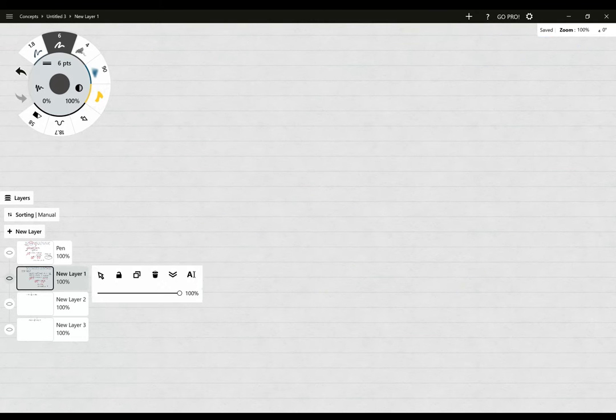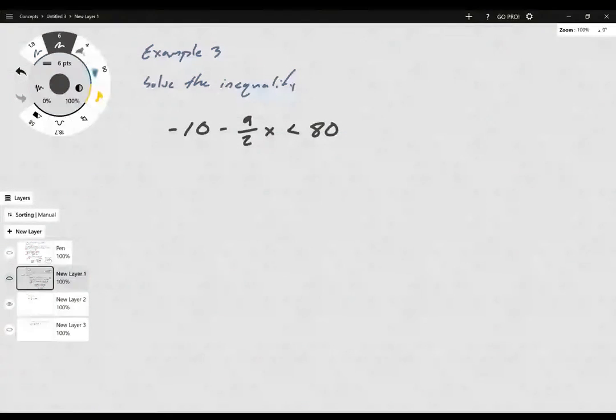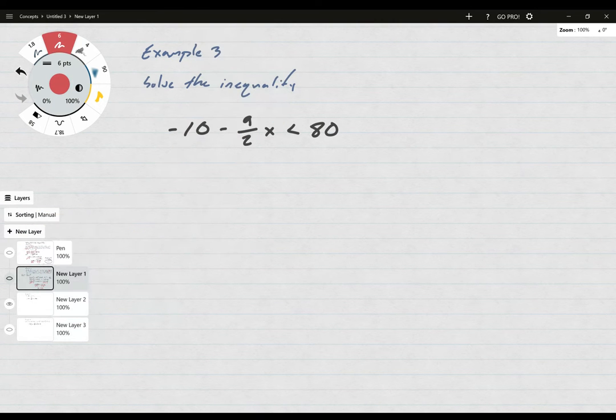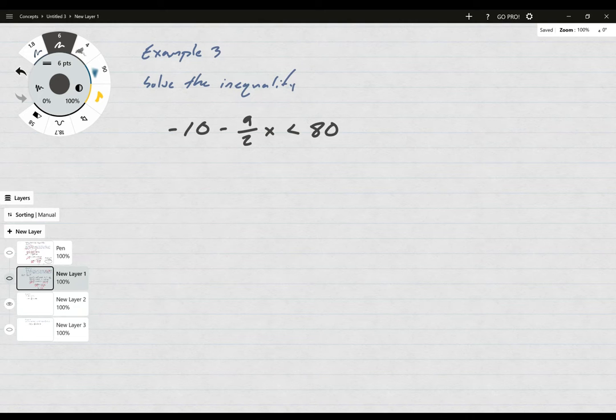Okay, let's look at another one. Okay, so now we're just solving the inequality. Negative 10 subtract 9 halves multiplied by x is less than 80. It's the same process. I have to eliminate everything else that's attached to the x so I can isolate it to get it by itself. So let's rewrite my inequality as an equation.